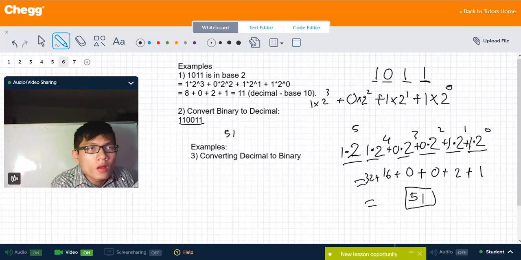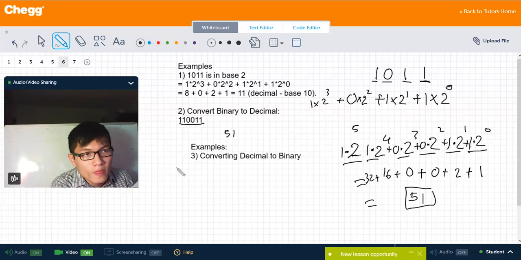Okay, so now another example. We go from the binary to the decimal. What happens if you want to go from the decimal, which is base 10, to the binary? For example, you have some number, I would say 10.